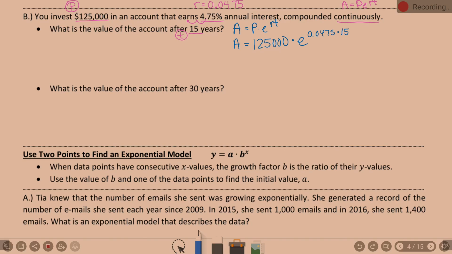Depending on your calculator, mine gave parentheses on the exponent, so you honestly could just type it in right here. If you want to do that cleanup step, it's 125,000 times e to the whatever 15 times 0.0475 is, which I have 0.7125.